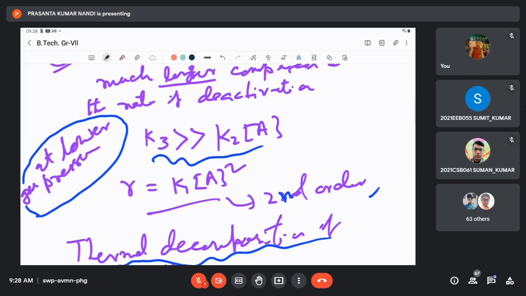Accordingly, one can control the two competing processes, that is, either the product channel or the deactivation channel. These two competing processes could be controlled by changing the pressure of the reaction mixture.